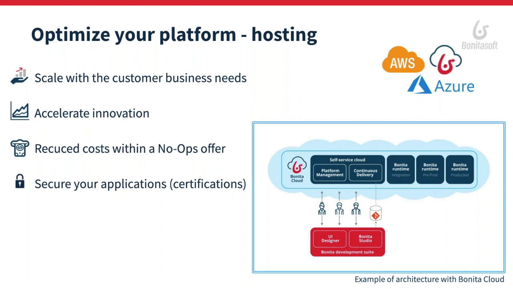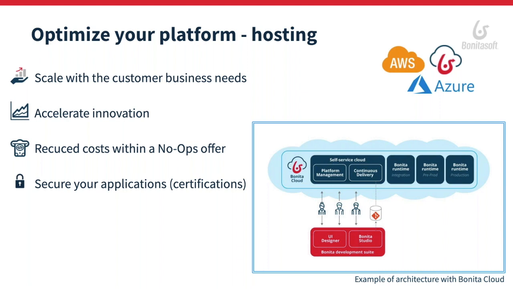We all know AWS. Customers can, for example, build a private cloud. You can use AWS. Bonita, for example, is using AWS for some processes. You can use Azure or other clouds, or you can use Bonita Cloud. But here, what is important is the fact that thanks to cloud providers, you will be able to scale with the customer business needs.